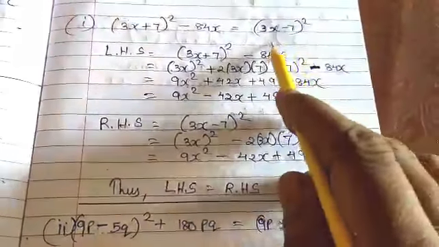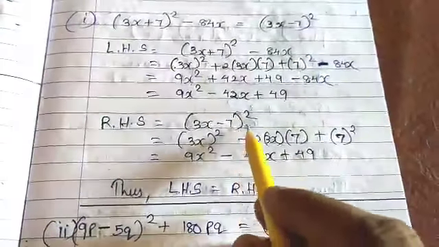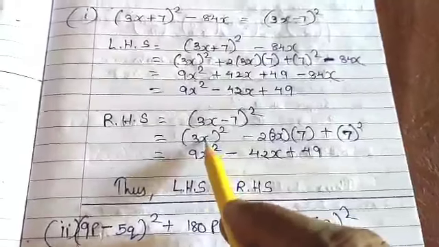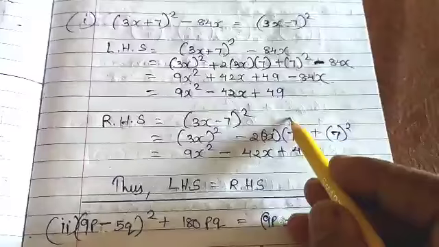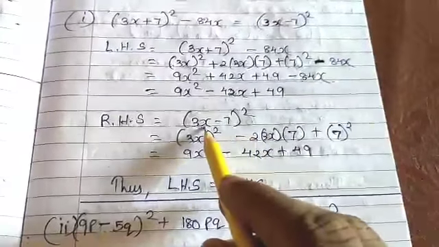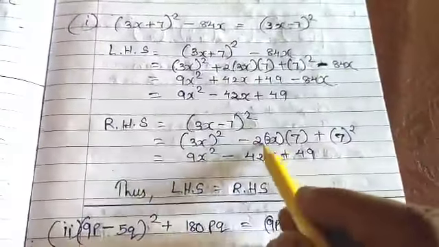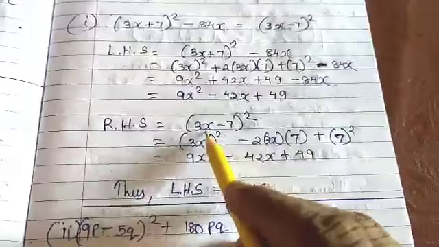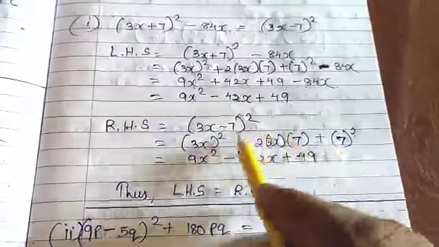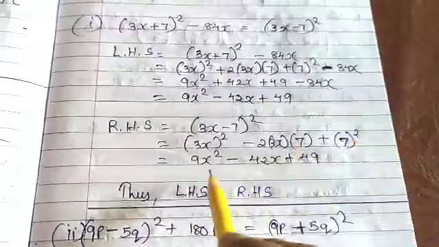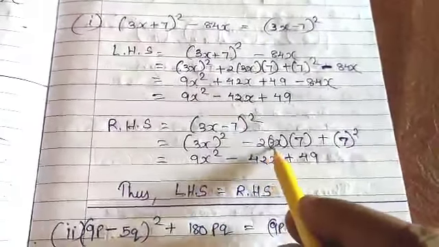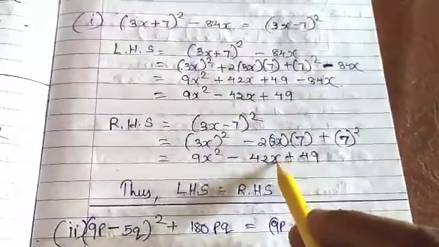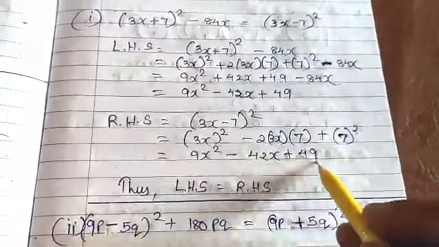The right hand side is (3x − 7)². You have to apply the (a − b)² identity, that is a² − 2ab + b². So (3x)² − 2 × 3x × 7 + 7². So (3x)² gives 9x², minus 2 × 3 is 6, 6 × 7 is 42, 42x, plus the square of 7 is 49.